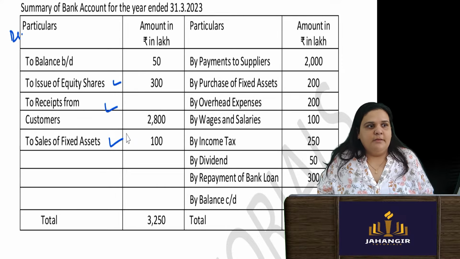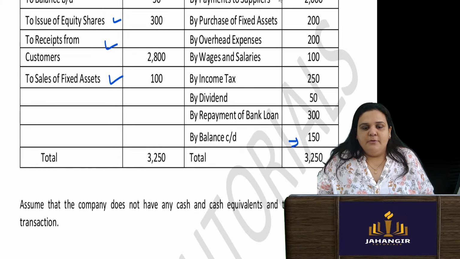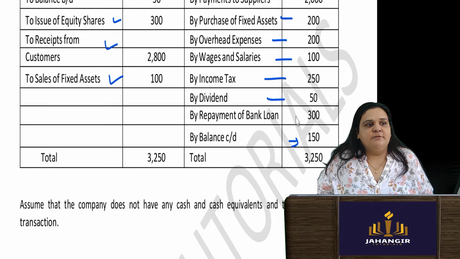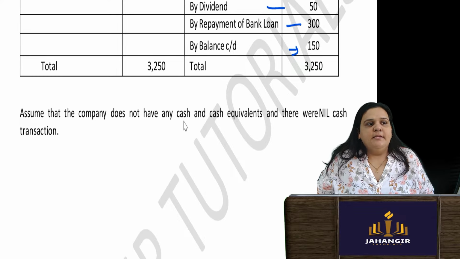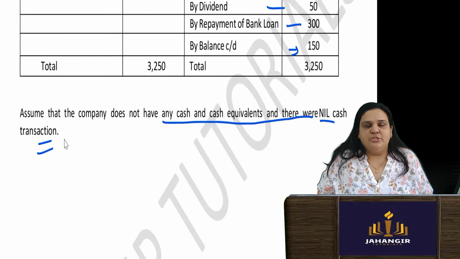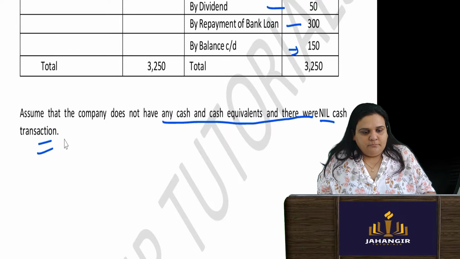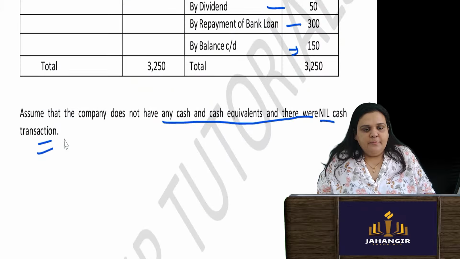Money must have come in. And money gone out: payment to suppliers, purchase of fixed asset, overhead, wages, income tax, dividend. They repaid a bank loan. So easy. Assume that the company does not have any other cash and cash equivalents and there were nil cash transactions.